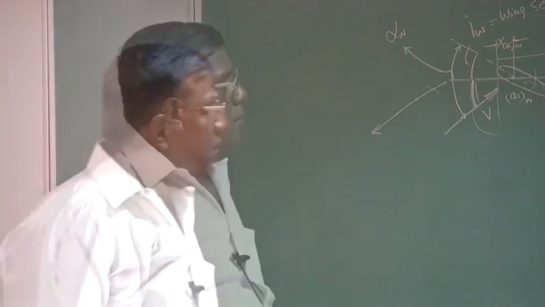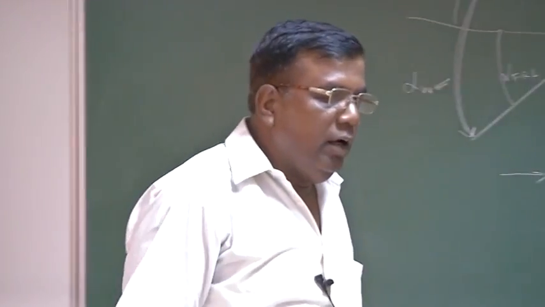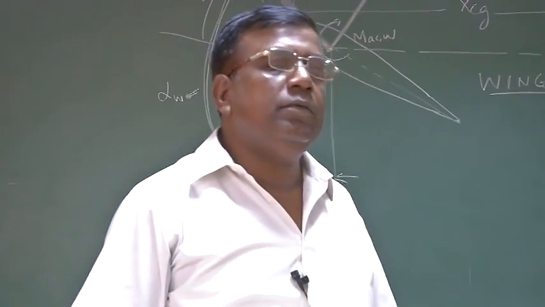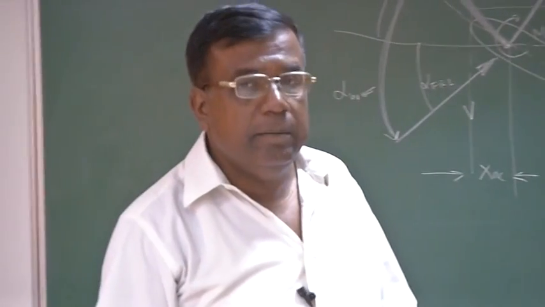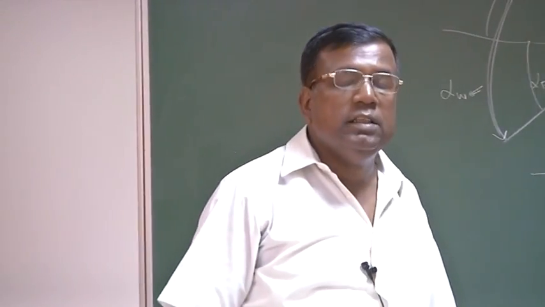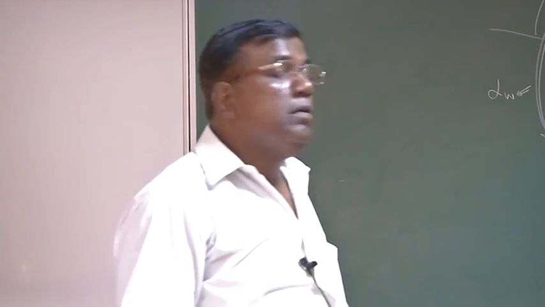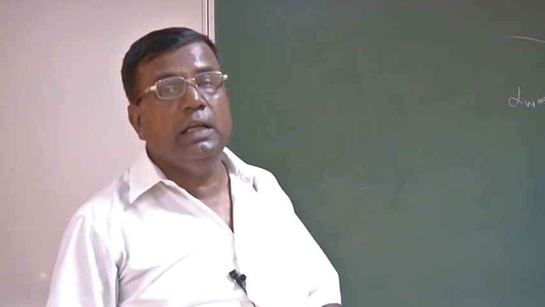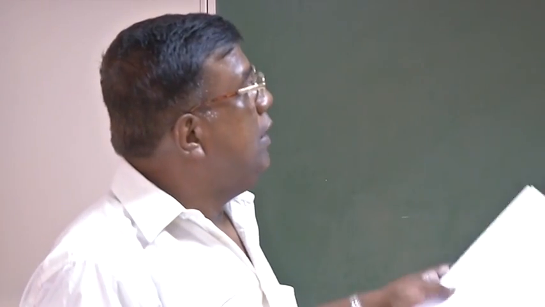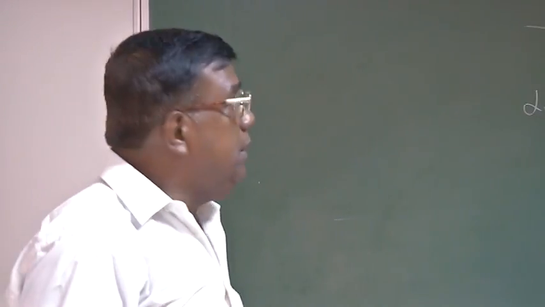That is the question. We are trying to find out the contribution of the wing towards Cm alpha, that is static stability, and Cm naught, which is essential for trimming at positive angle of attack. And we know that this contribution could come from the wing, from the tail, or from the fuselage. So now we are trying to see what is the wing contribution and try to formulate.